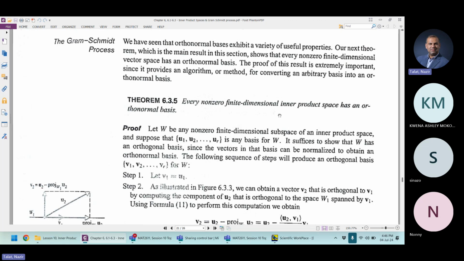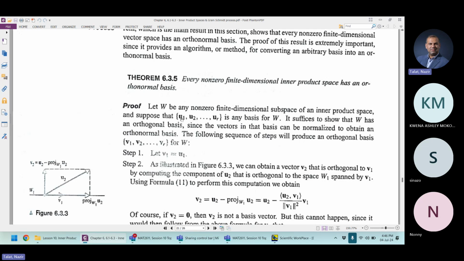Every non-zero finite dimensional inner product space has an orthonormal basis. If we have U1, U2 up to Ur as the given basis of some vector space W, then the first step is to let V1 equal U1.